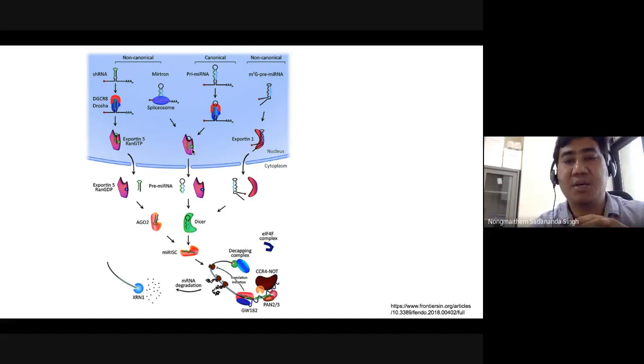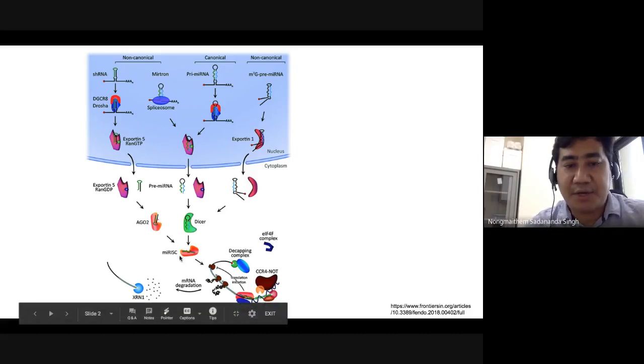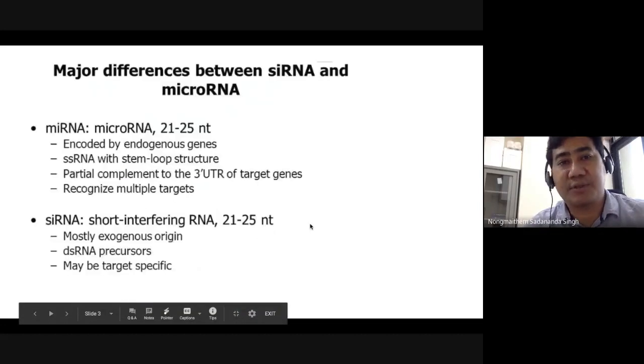MicroRNA can originate from RNA polymerase 3 mediated transcripts, that is the canonical pathway. And in the non-canonical pathways, you can get it from intronic regions, or from RNA polymerase 2 mediated transcripts. Once you get this microRNA RISC complex, it can go into different ways.